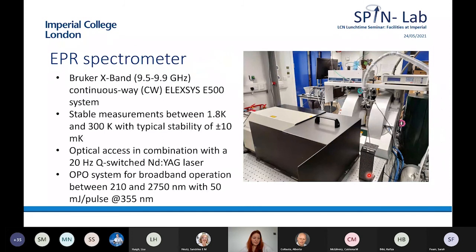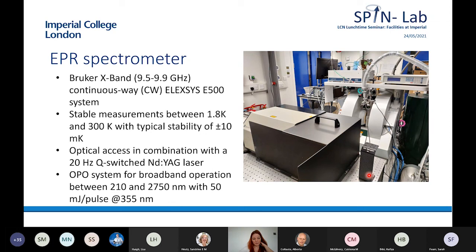In Spinlab, we have a Bruker X-band continuous wave Elexsys E500 system. It also has a similar closed cycle cryogenic option as the MPMS system, and it can operate between 1.8K and room temperature with an incredible stability for EPR spectrometers of 10 millikelvin.